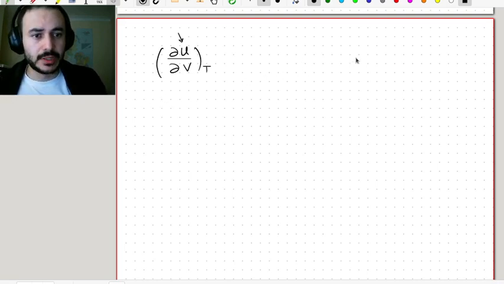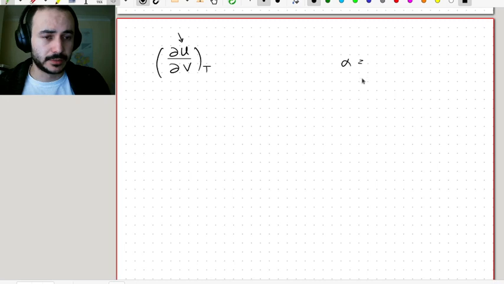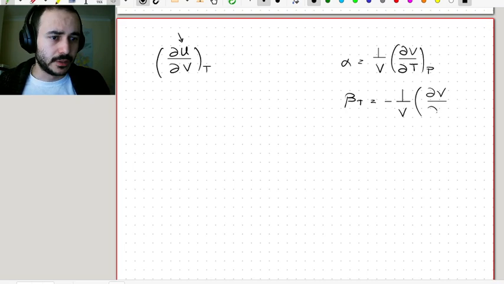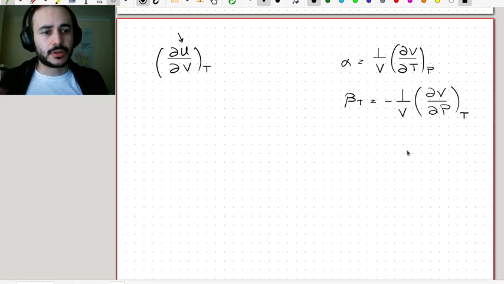So remember, things that can be measured and are readily tabulated for these systems are the coefficient of thermal expansion, that's change in volume with respect to temperature at constant pressure, and here is 1 over volume. There was also the isothermal compressibility, and that was minus 1 over V, and here you have change in volume with respect to pressure at constant temperature, and also the two heat capacities.